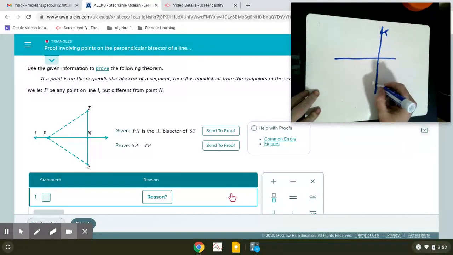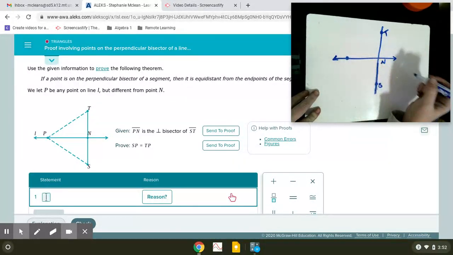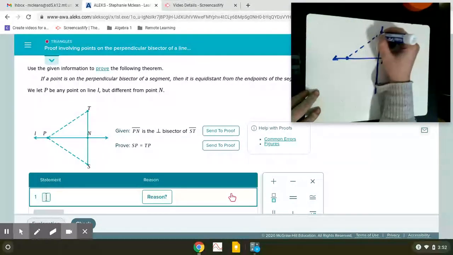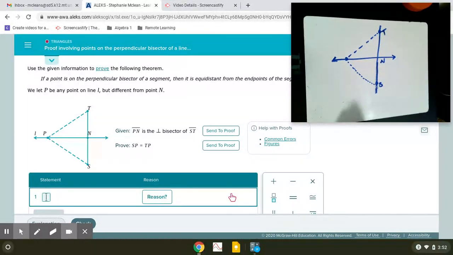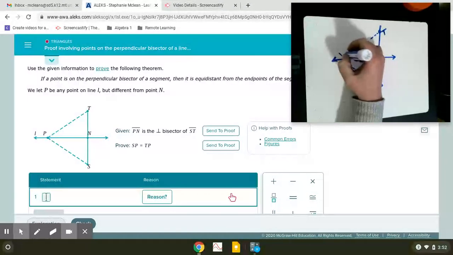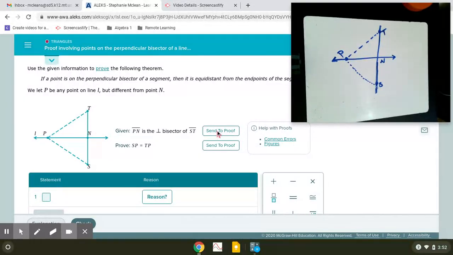I have S down here, N and P. So we're trying to prove the two triangles are congruent again in order to show that the side SP, this is P up here, the side SP is congruent to PT. So these proofs are very similar. You pretty much do the same one every single time.